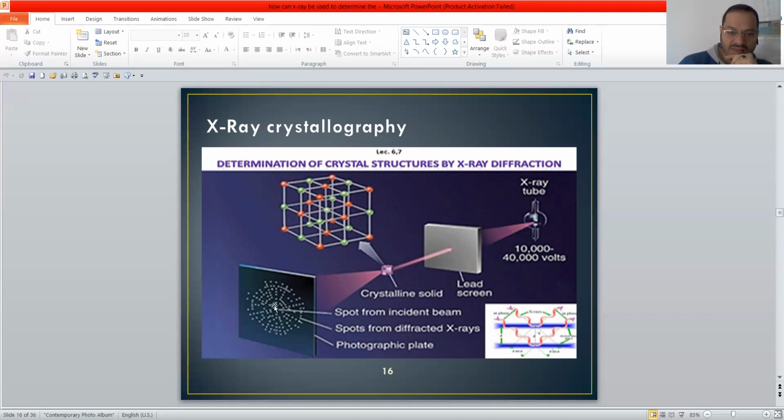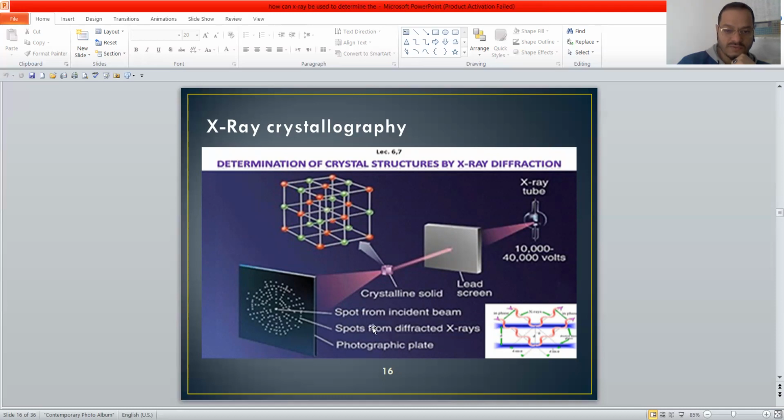Here in the middle, the spot from the incident beam. Here at the outer area, at the last shell, we can say spots from diffracted X-ray. Here, spot from incident beam.